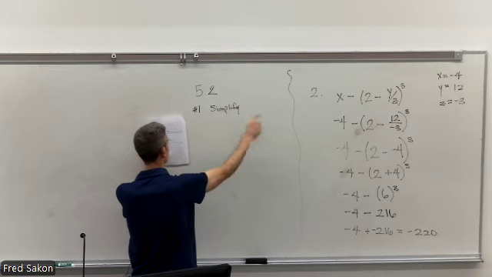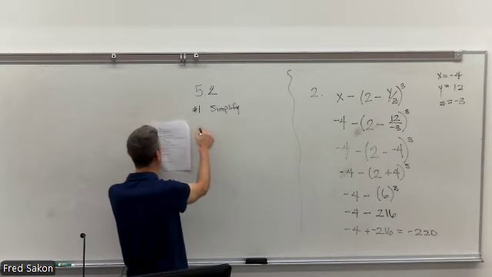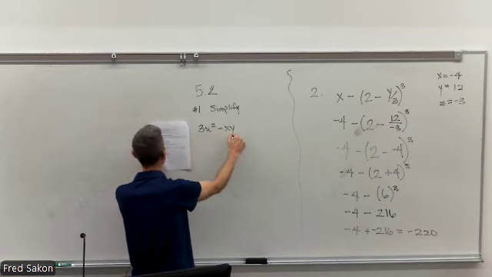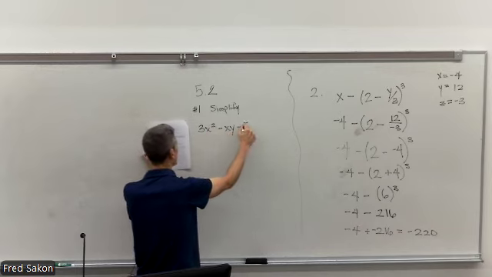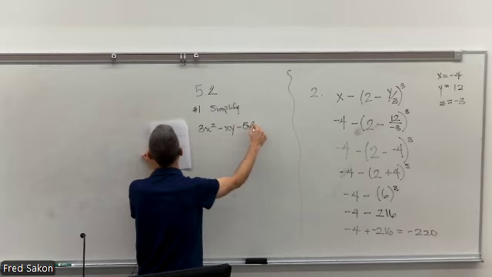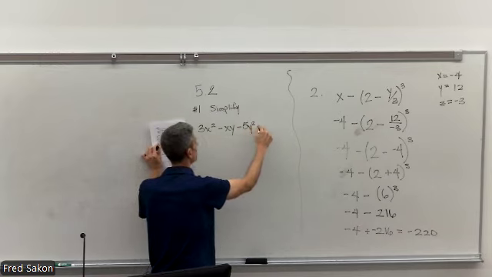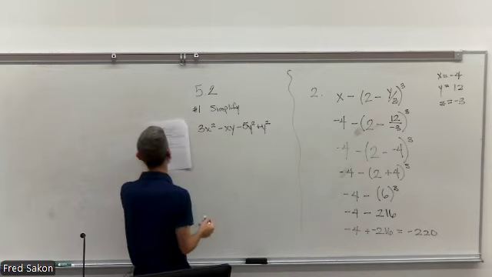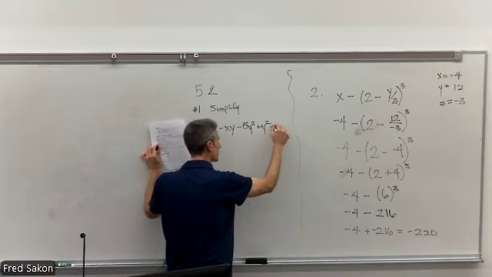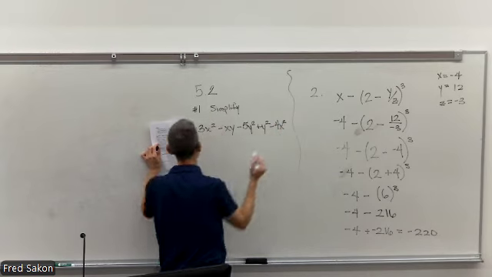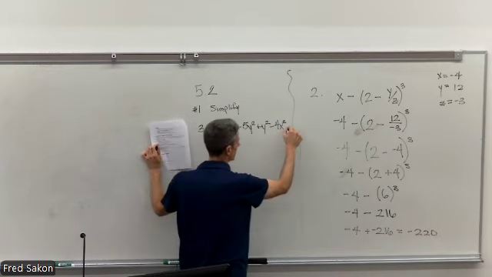Those were evaluate over there. 3x squared minus xy minus 5y squared plus y squared minus 4x squared plus 2xy.